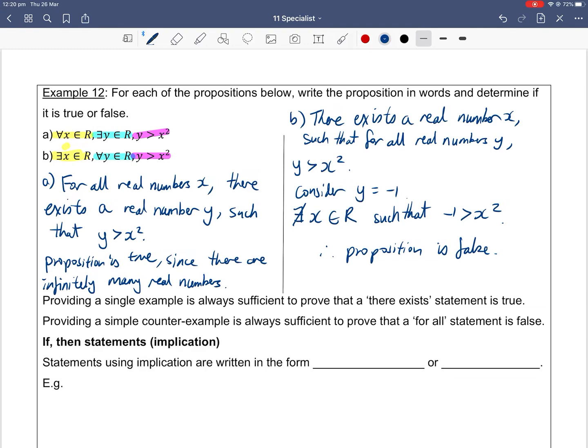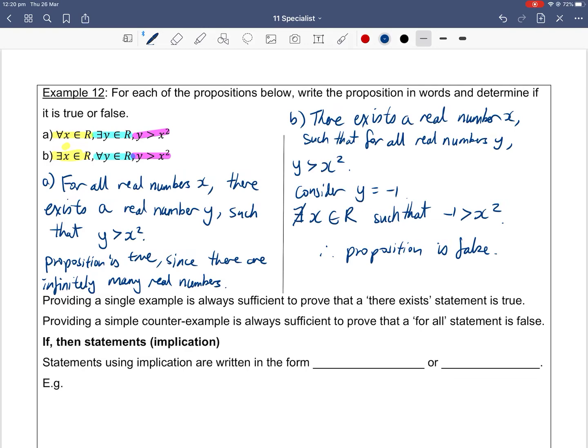Have a think about the difference between A and B. It looks similar, but it's not. A is saying for any real number that you give me, I can find you a number y such that y is bigger than x squared. Which is true, because I can always one-up you with whatever number you give me, because there's infinitely many numbers.